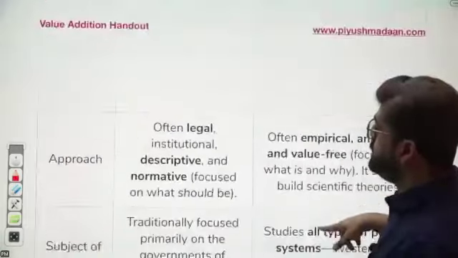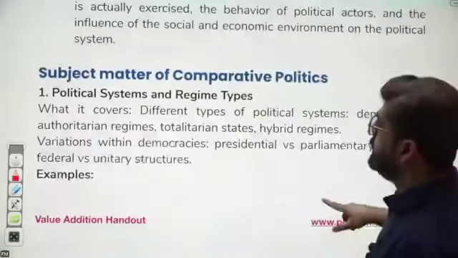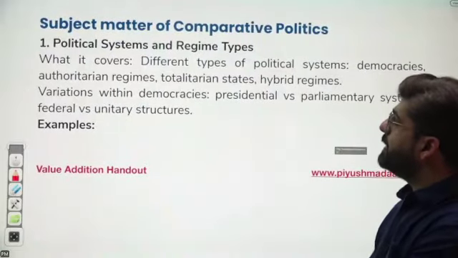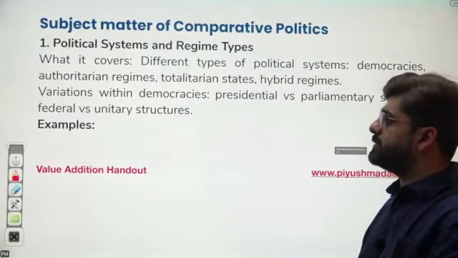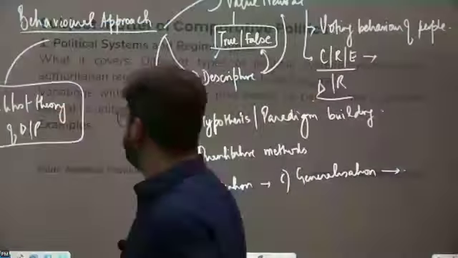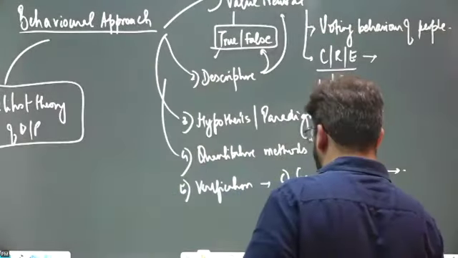So what I have done is I have included this entire part here for you. Subject matter of comparative politics. What do I study? Here, although whatever approaches we have done, through that you can take a lot of things, but I want to give you this content in one place.